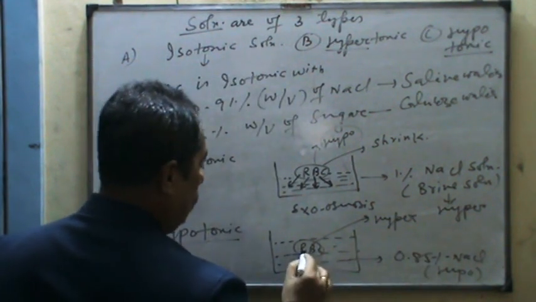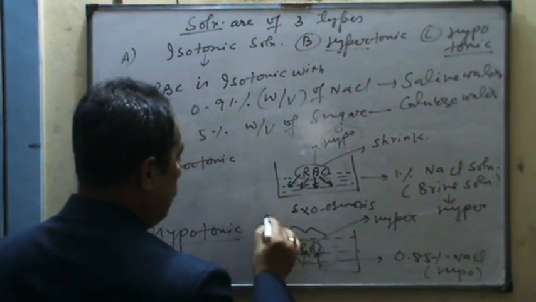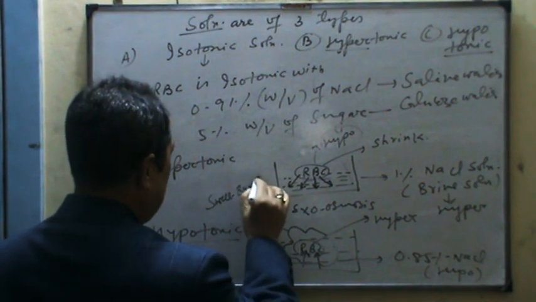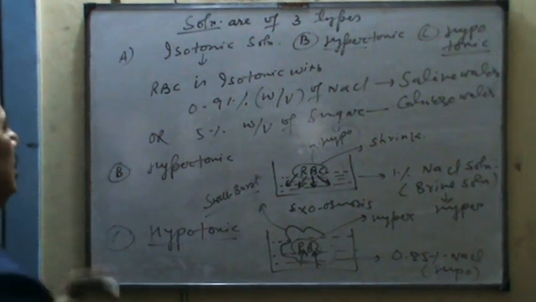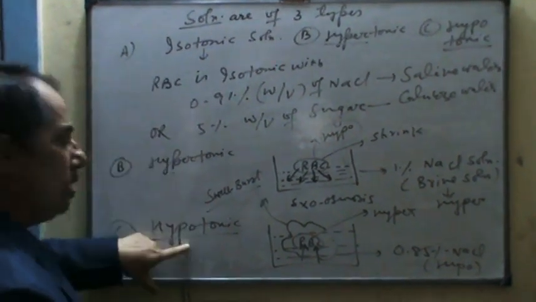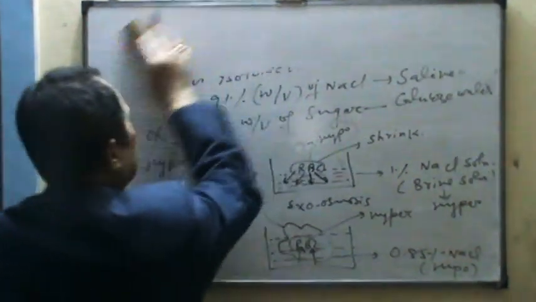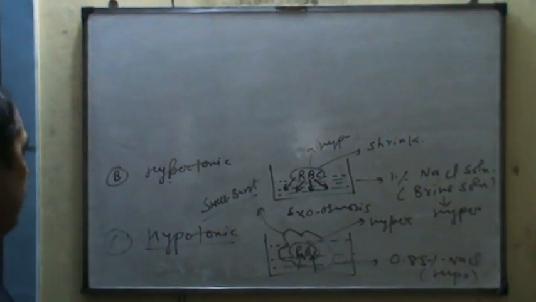So water molecules will enter the RBC, and RBC will swell and burst. So this is hypotonic. So isotonic, hypertonic and hypotonic. You consider all these three and solve questions based on these three from the textbook.